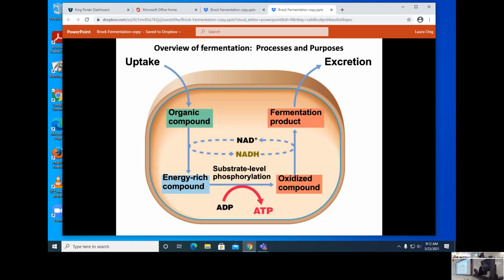CO2 is a lot of times not the direct fermentation product, but it tends to be produced along with those. So when you make bread and put the yeast in, or sourdough starter, there's a fermentation process going on, and the CO2 that comes out of that process raises the bread.